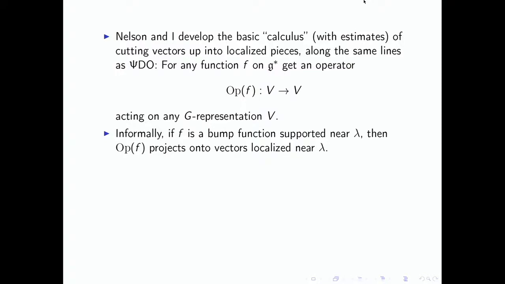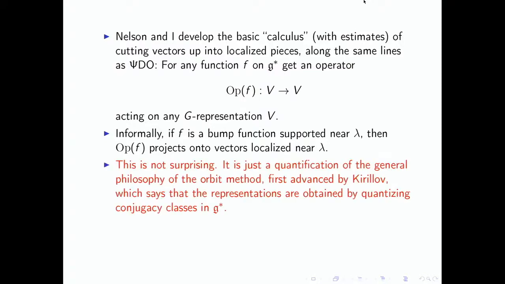This whole picture, I should emphasize, is not surprising. The underlying idea here is the orbit method. I haven't mentioned it explicitly so far, but it's due to Kirillov from the 1960s. And Kirillov says that unitary representations of a Lie group are obtained by quantizing conjugacy classes in the dual Lie algebra.